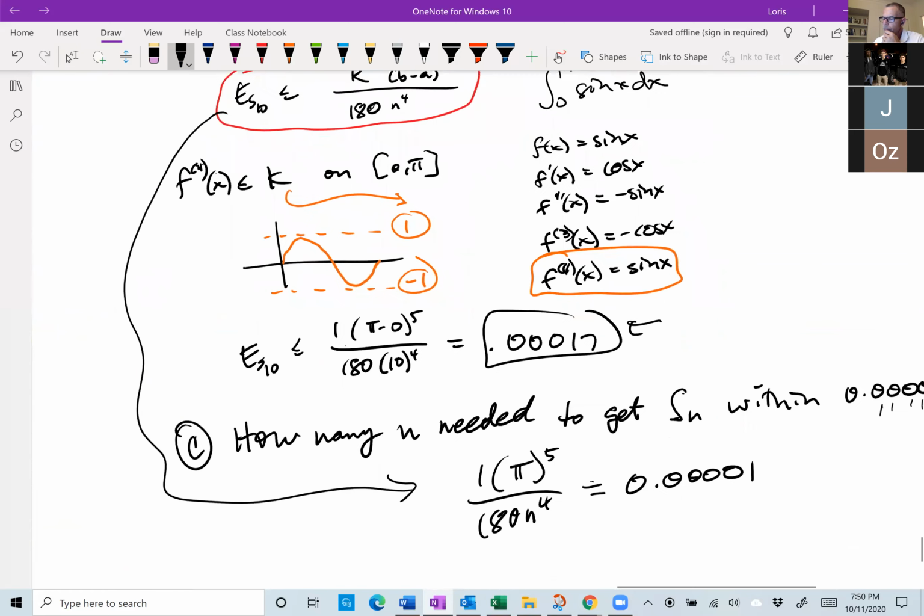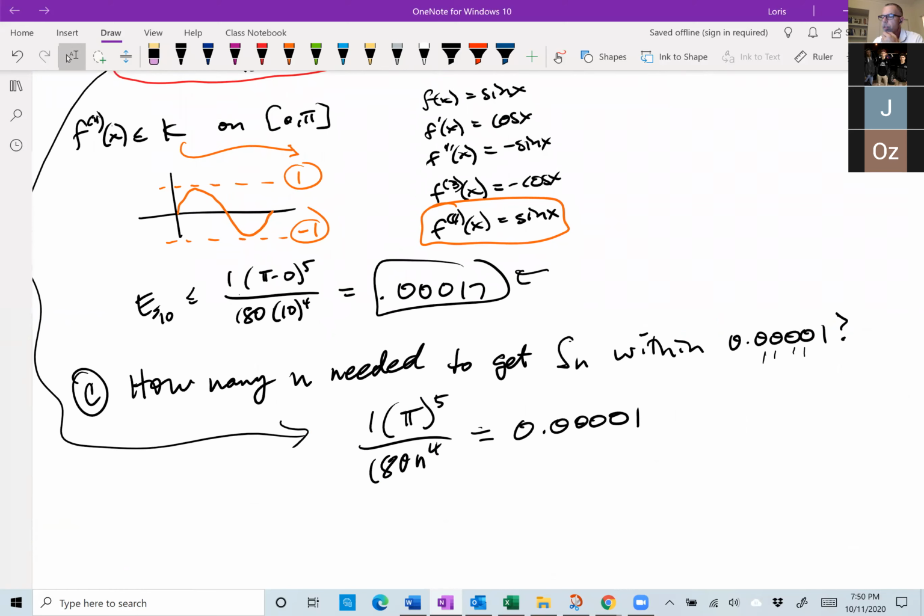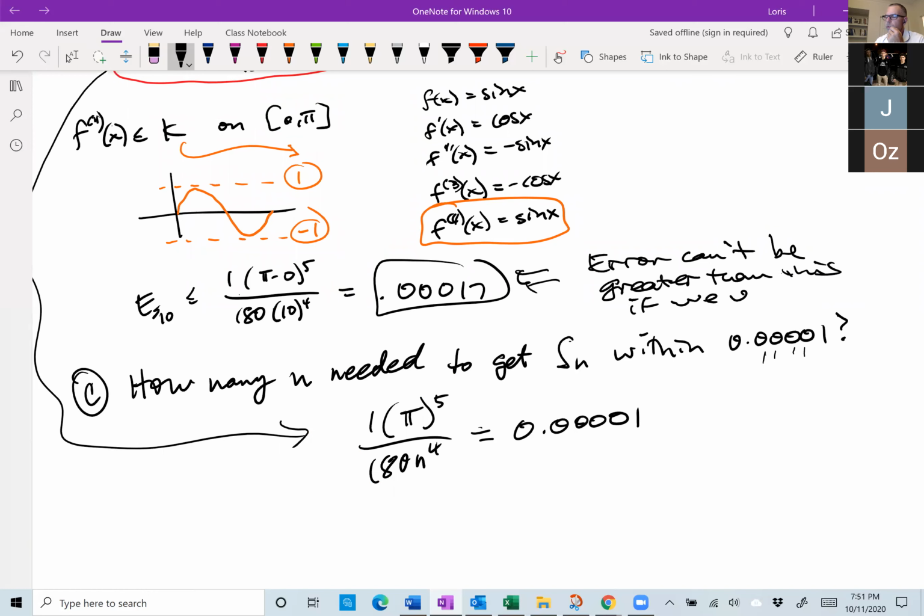And that's your error percentage? This is the error. The error can't be greater than that for using 10 subintervals. Now you're solving a different problem where you're looking for the n.